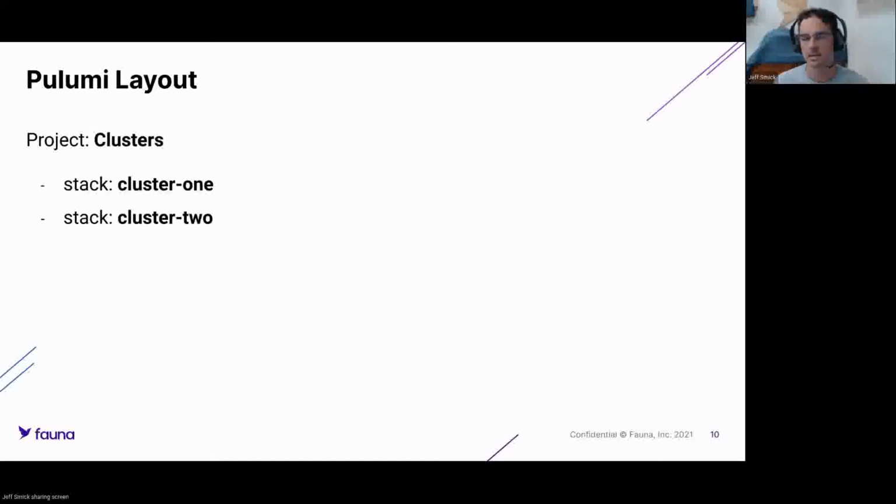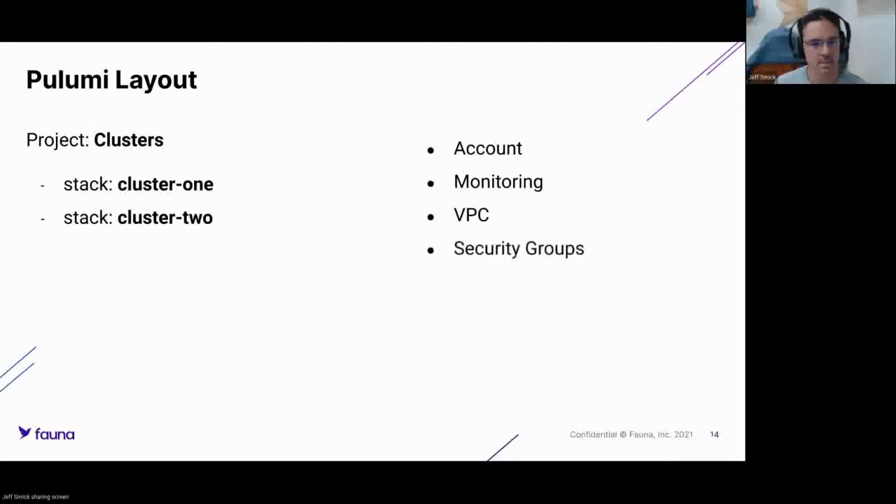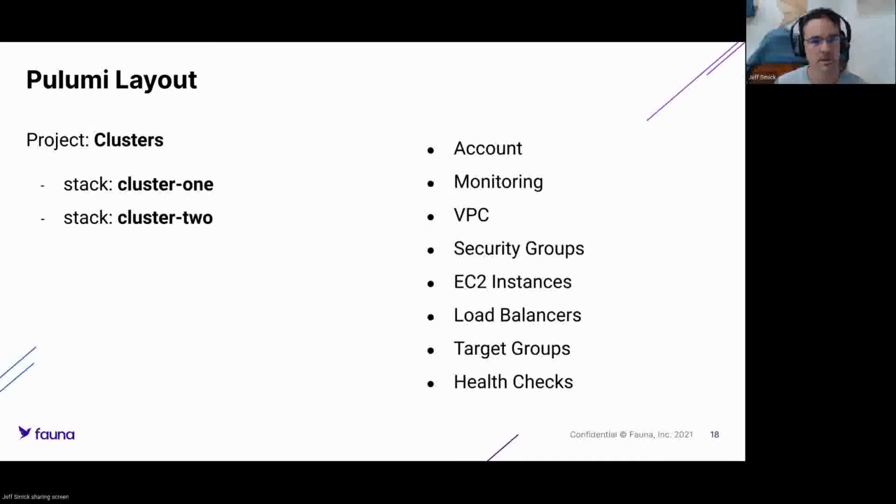Each cluster gets its own account, so that we're maintaining the separation between clusters. And then there's monitoring in there. There's the VPCs, security groups, EC2 instances, load balancers, target groups, health checks, on and on and on. That's a lot of infrastructure. There's maybe hundreds of individual resources in a single stack this way.